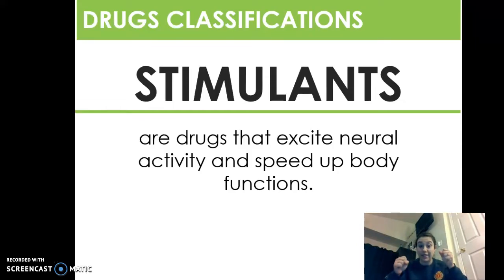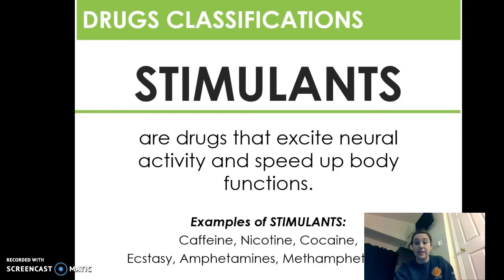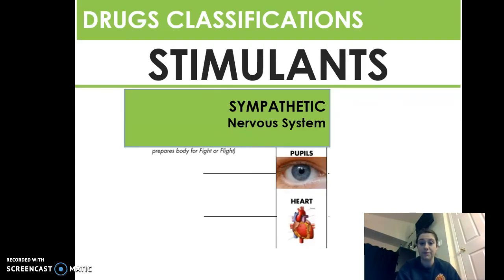Stimulants stimulate. So they're excitatory, and they are going to speed up body functions. You do need to know, not only be able to list examples, but also for each drug, is it a stimulant or a depressant. Caffeine is a stimulant, nicotine, cocaine, ecstasy, amphetamines, and methamphetamines, all stimulants.